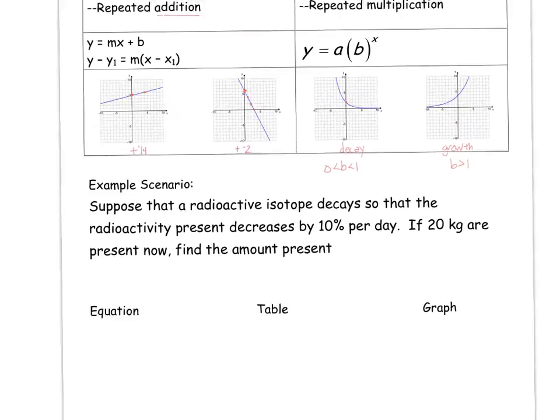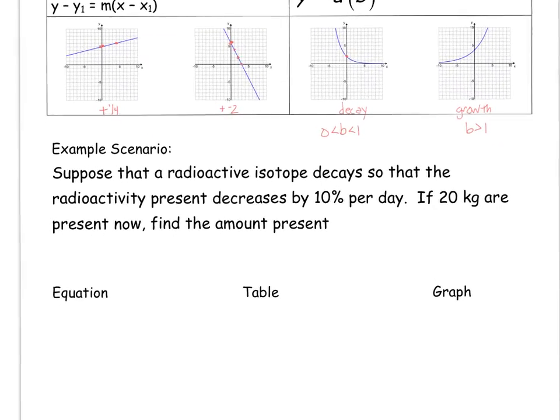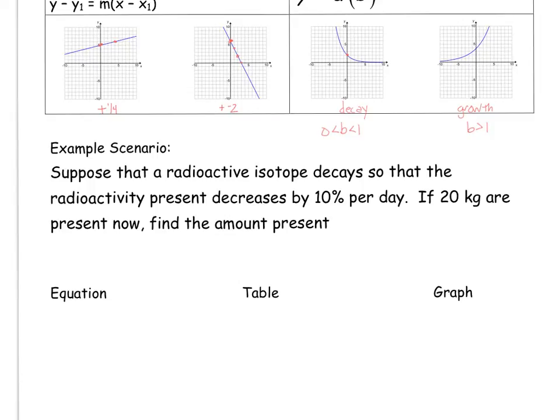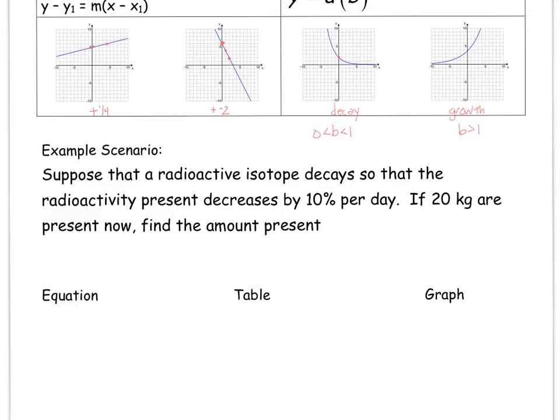So let's do an example here. Suppose a radioactive isotope decays so that the radioactivity present decreases by 10% per day. So first we start with 20 kilograms.